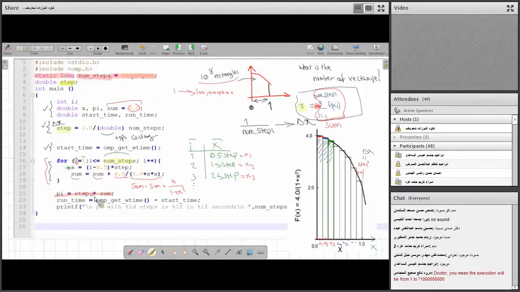As you can see here, to compute the pi, we just multiplied the step by sum. Our program starts here and ends here.